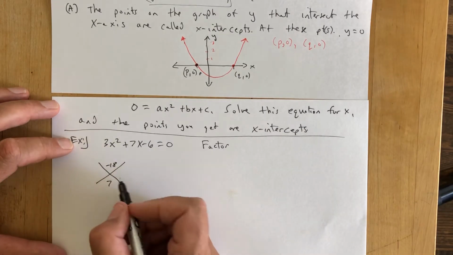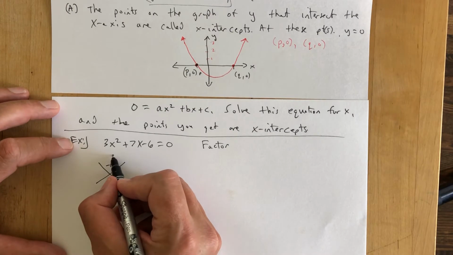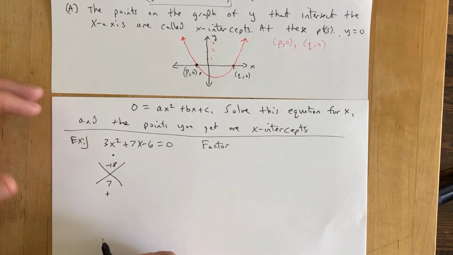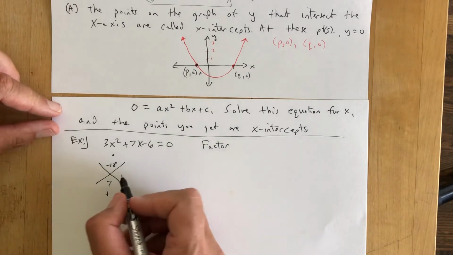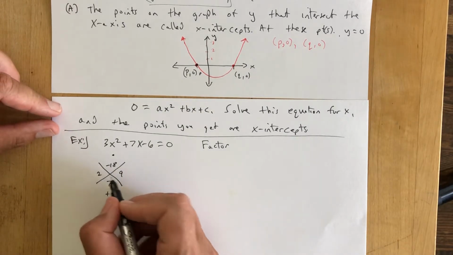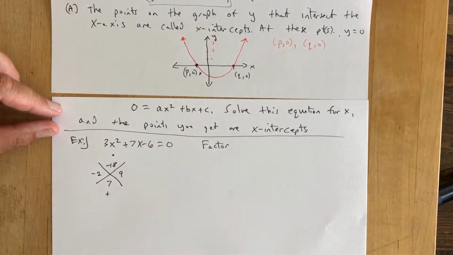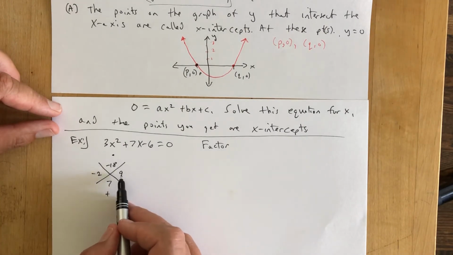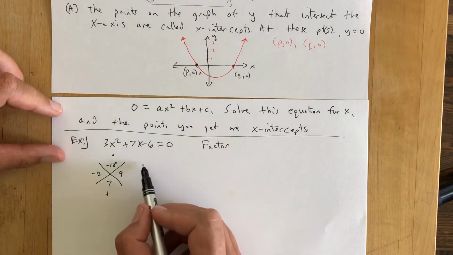And then I have 7. So I'm looking for two numbers that when multiplied give me minus 18, and when added give me 7. So what are they? They are 9 and 2. And I put a negative there. So 9 times minus 2 is minus 18. 9 plus minus 2 is 7.